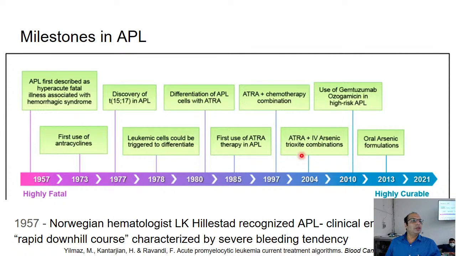These are the most commonly used therapies in the current era. Nowadays, a targeted monoclonal antibody, gemtuzumab ozogamicin, has been used in high-risk APL cases since the early 2010s. And of late, oral preparations of arsenic trioxide have also come into existence and are being tried in various clinical trials.